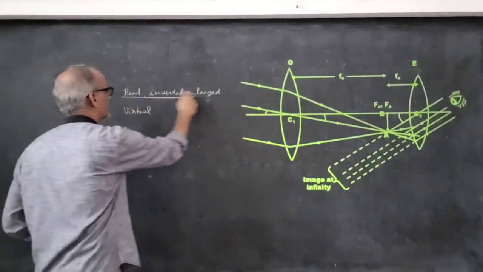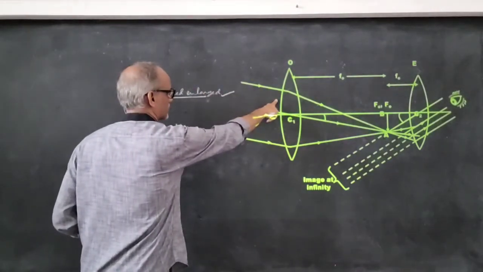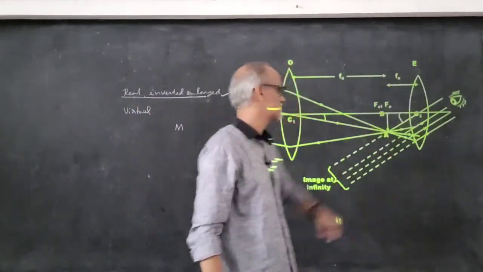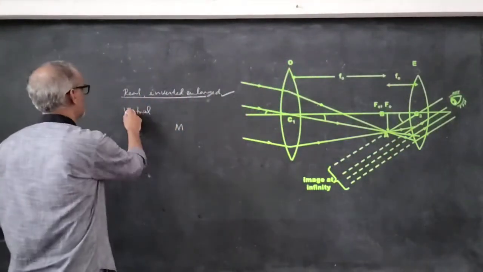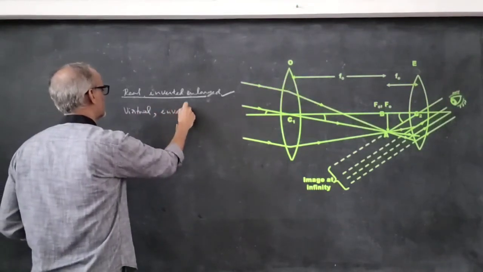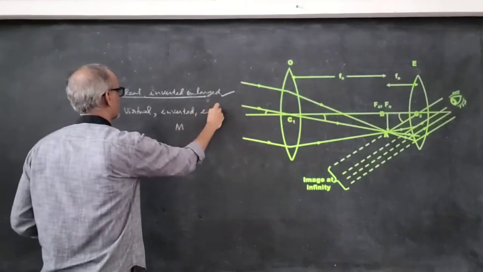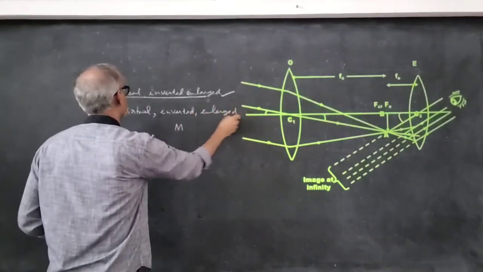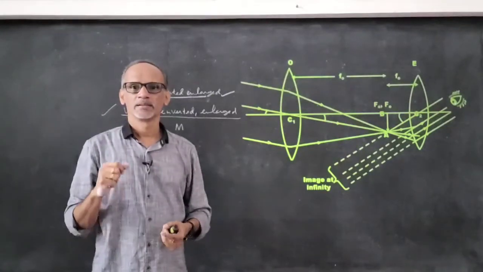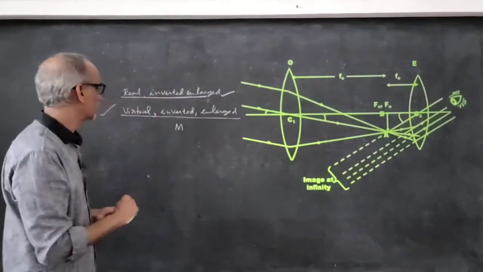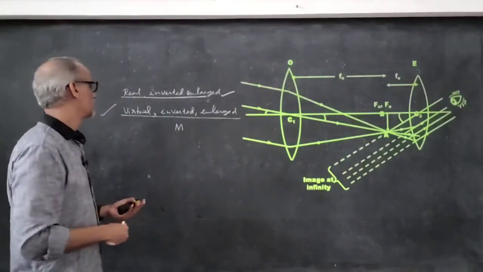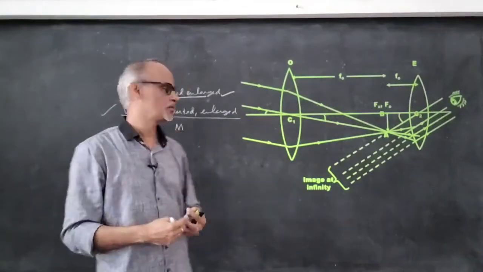This is the image formed by the objective, and that image acts as object for the eyepiece. So, the final image will be virtual, inverted and enlarged, similar to the compound microscope. Therefore, the nature of the image is same in compound microscope as well as in the case of an astronomical telescope.